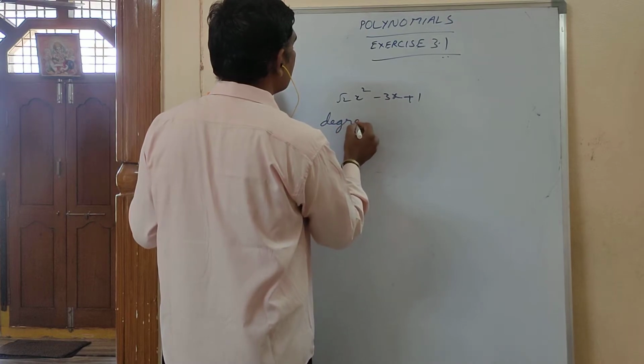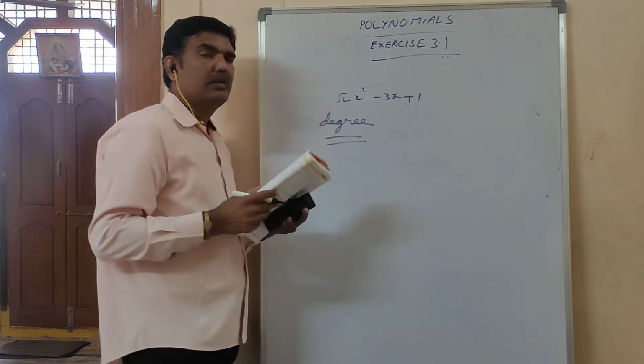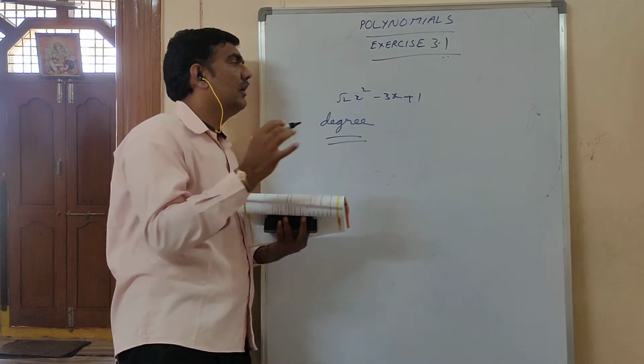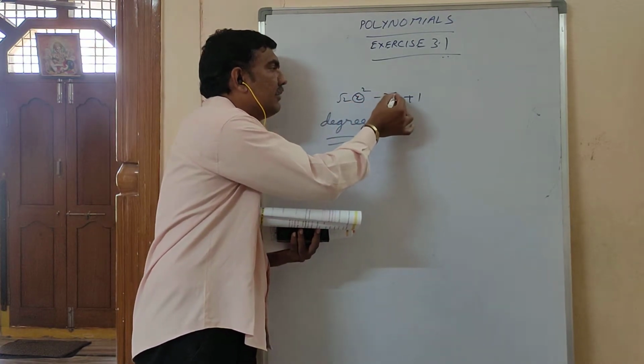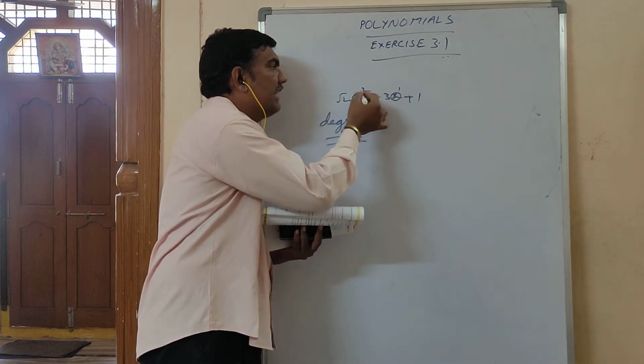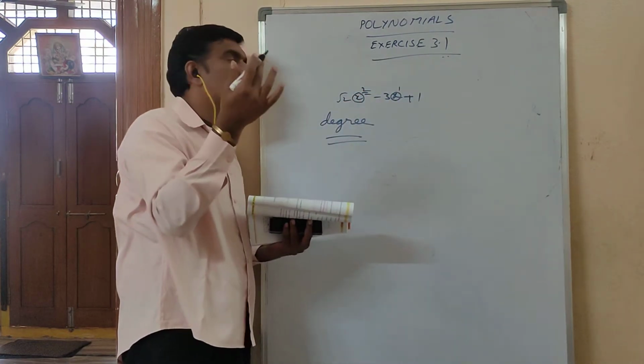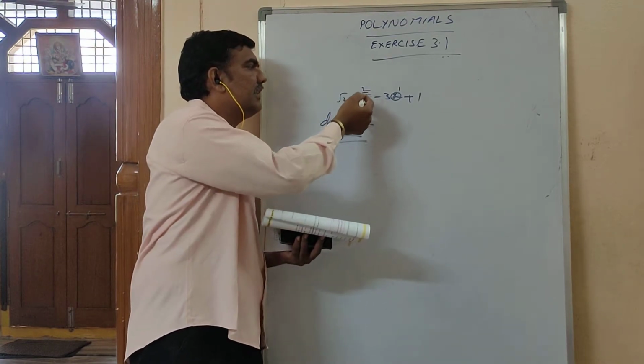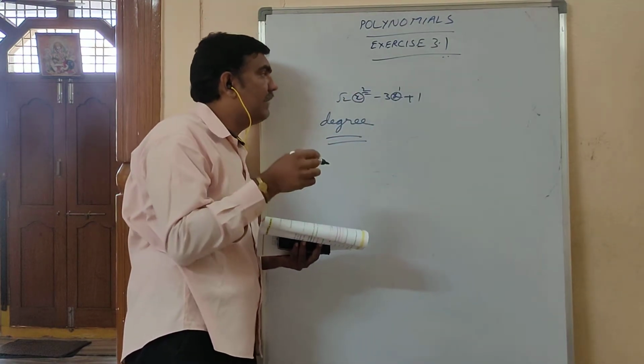Degree he is asking. You should know the definition for degree of the polynomial. What is the variable here? X is the variable. The variable's highest power is what? 2. So what is the degree? Degree is 2. But what has he given?